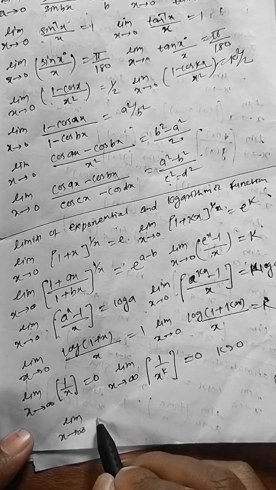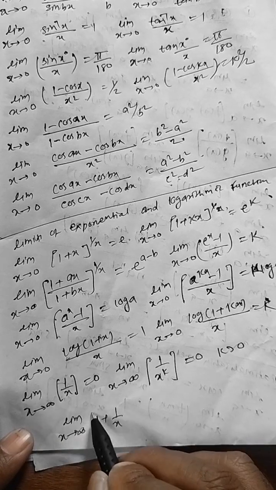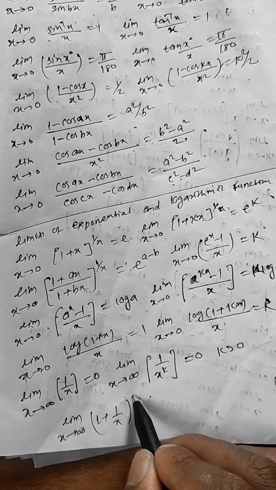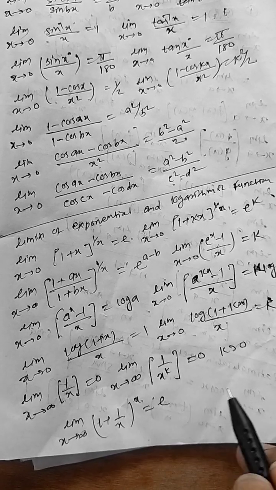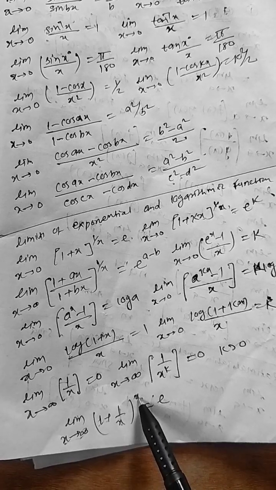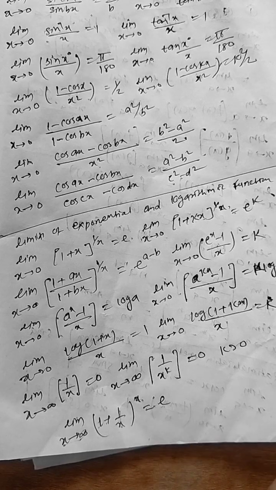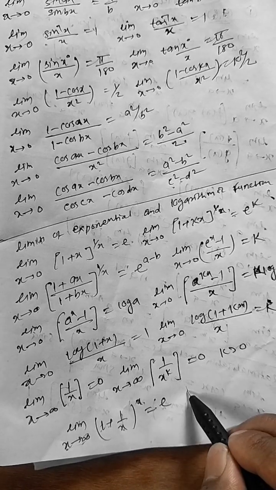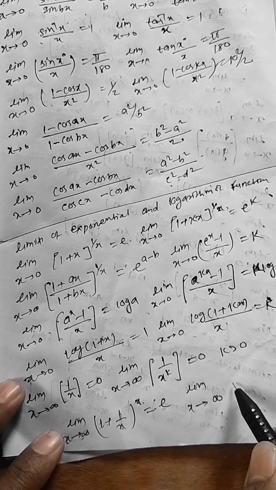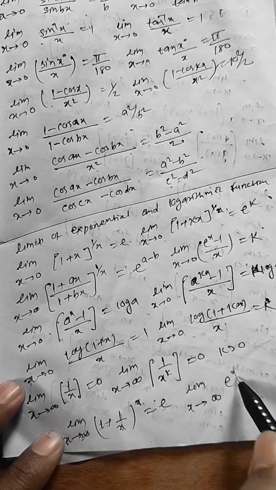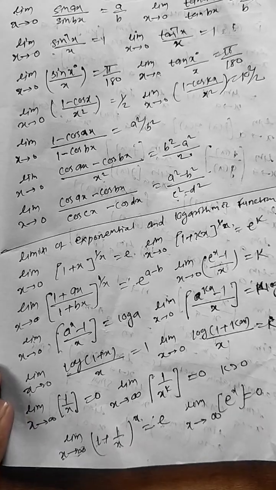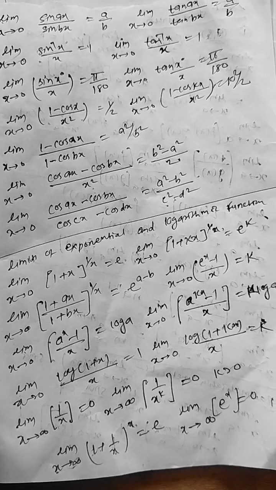Limit x tends to infinity (1 plus 1 by x) raised to x is equal to e. Limit x tends to infinity e raised to minus x equal to 0. Look at this.